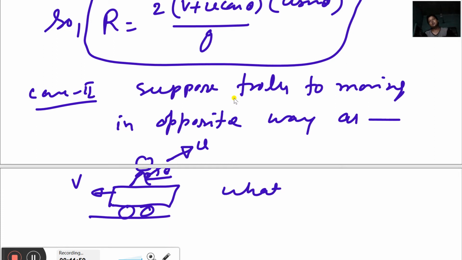What will be the time of flight, greatest height and horizontal range in this case?